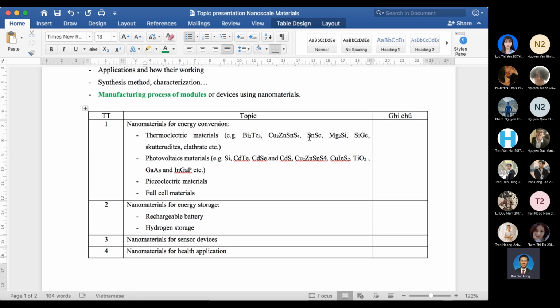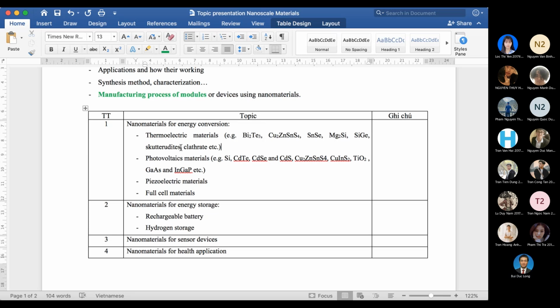And the third one can be tin selenide, and magnesium silicide, and these alloys, silicon, zirconia, and so on.